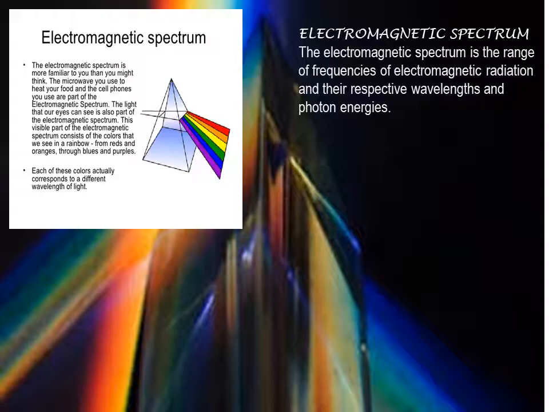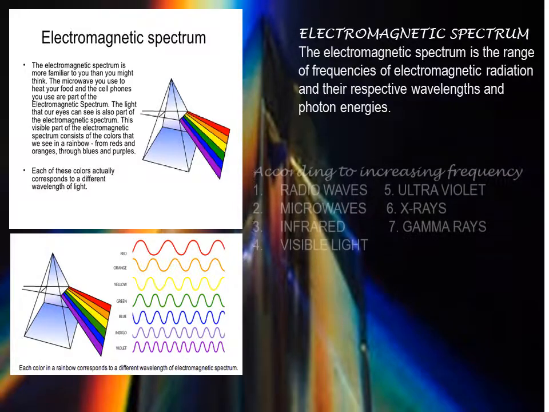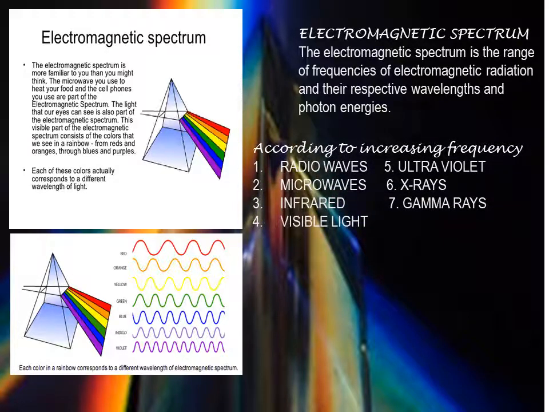This visible part of the electromagnetic spectrum consists of the colors that we see in a rainbow, from red, orange, through blues and purples. Each of these colors actually corresponds to a different wavelength of light. So those are the waves. Look at the waves.